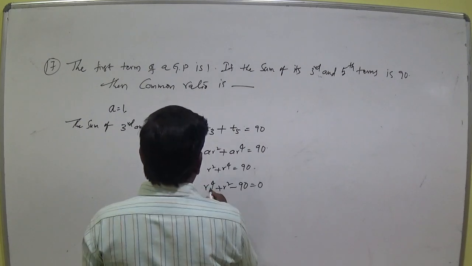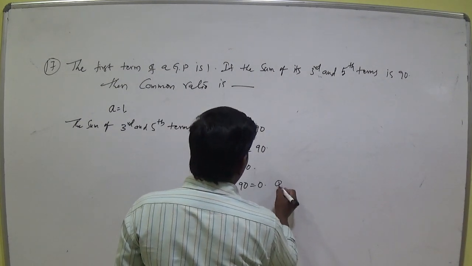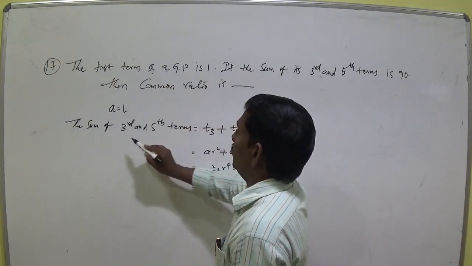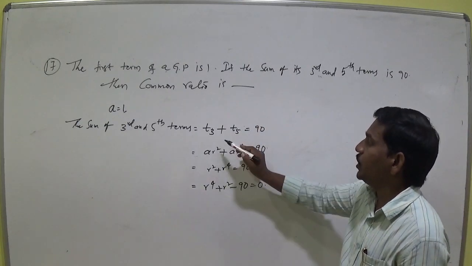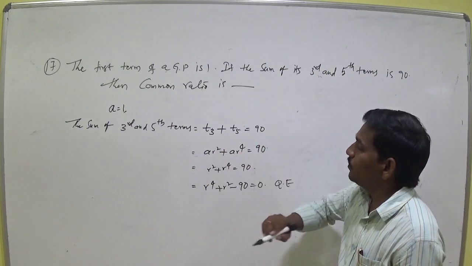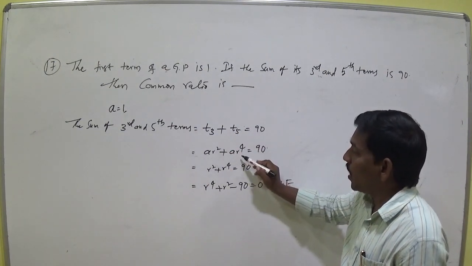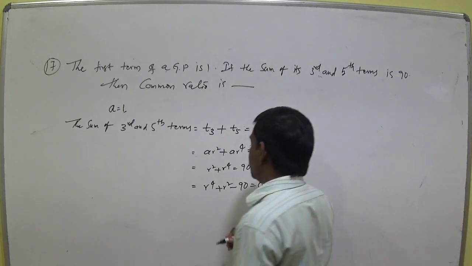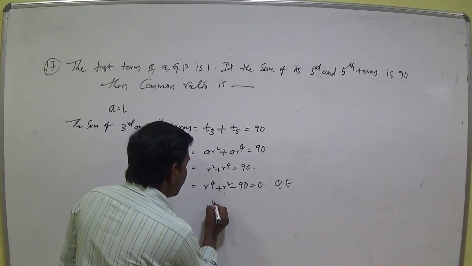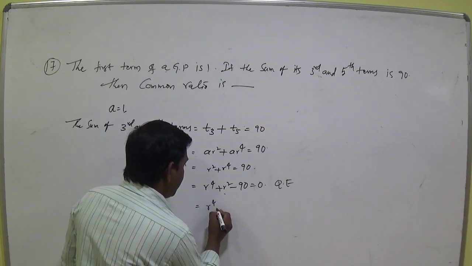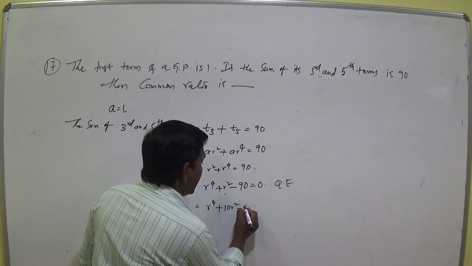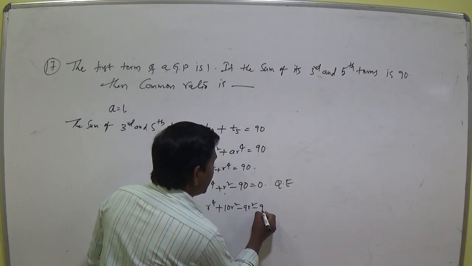This is a quadratic equation. Here first term A equal to 1. The sum of third and fifth terms is T3 plus T5 equal to 90. T3 means AR square plus T5 means AR power 4, 90. The middle term is written as R power 4 plus 10R square minus 9R square minus 90 equal to 0.